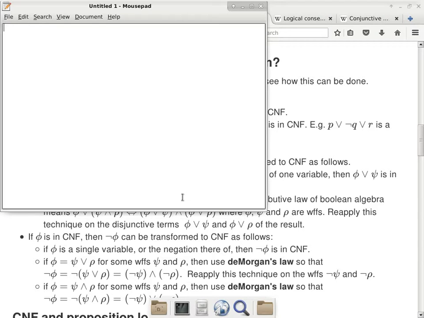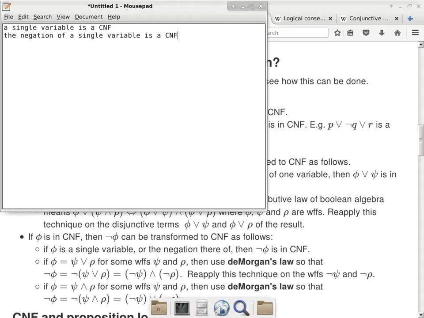Okay, so we can look at it the other way around as well. So this is one way to look at it. A single variable is a CNF by itself. The negation of a single variable is a CNF. So by definition, I know it sounds really awkward because where's the conjunction of a single variable?